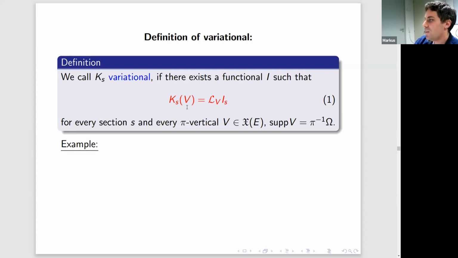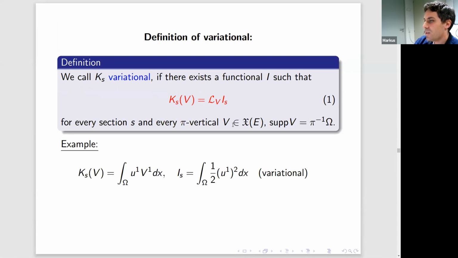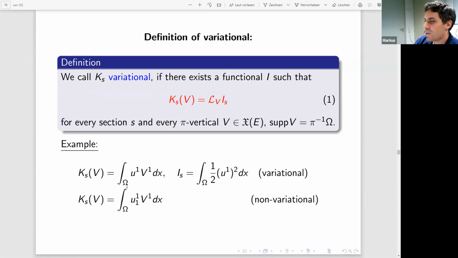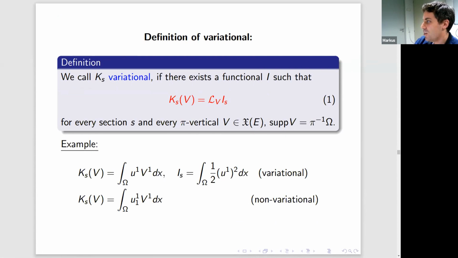So it's not a trivial definition. I have an example here, but it's not important. This definition does not imply that all Ks are variational. There are also non-variational ones, for example this here, but it's not important. I just want to show you that this is a non-trivial definition.